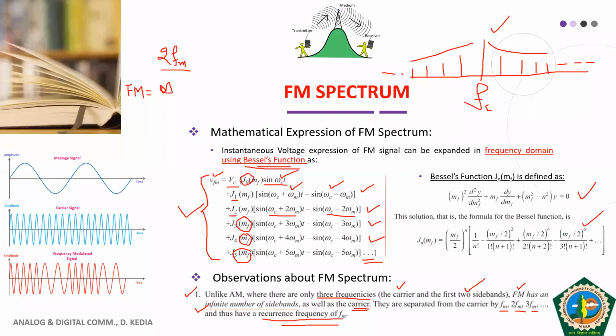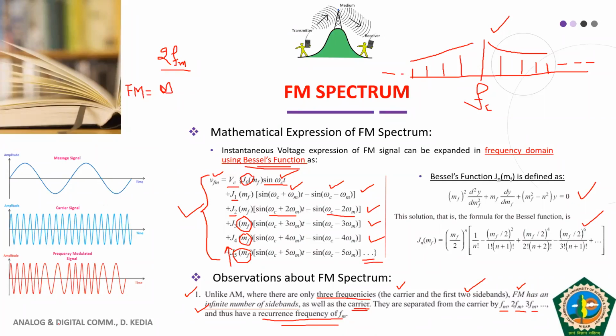So if the value of the modulation index is large, then the number of sidebands with significant amplitude will be more.